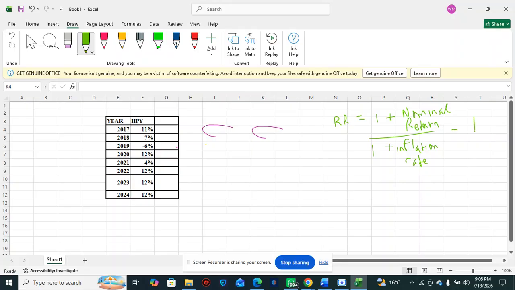Okay, colleagues, this is how we adjust these projected returns for inflation. Now, if you forget this formula, you can always use this one: real return is the nominal return minus the inflation rate.